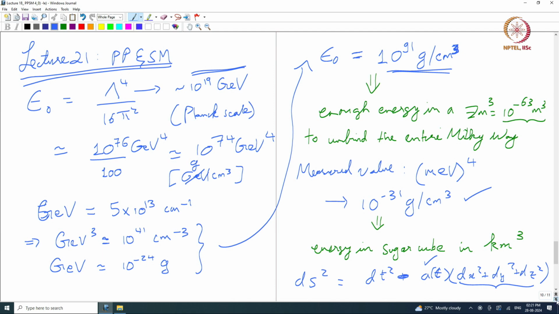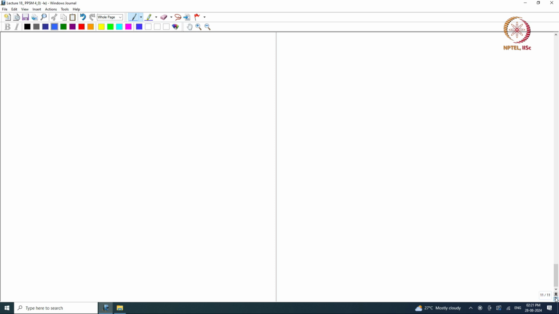Now, what is this energy also called, in both popular science and also in technical cosmology? This is exactly what people call dark energy. So remember, there is dark matter, dark energy, regular matter and radiation.